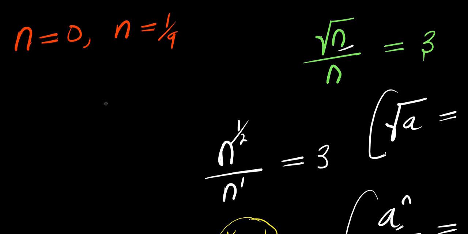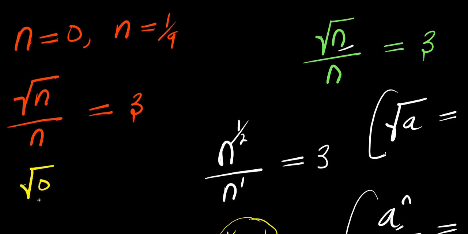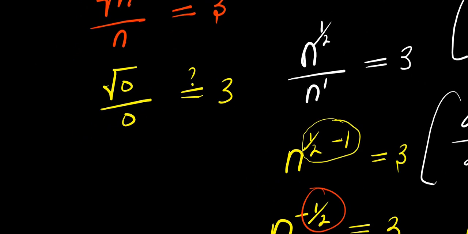And the question remains: square root of n divided by n equals 3. So if n equals 0, we are going to have square root of 0 divided by 0. Does this equal 3? From here, square root of 0 is 0, divided by 0. Does this equal 3?